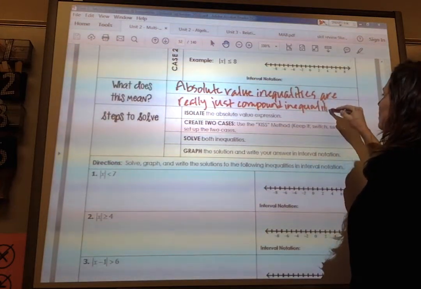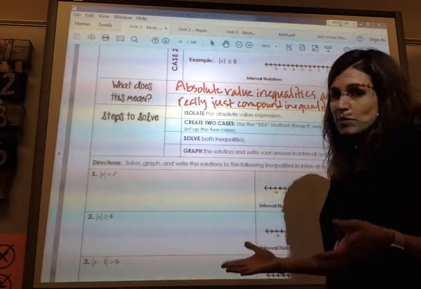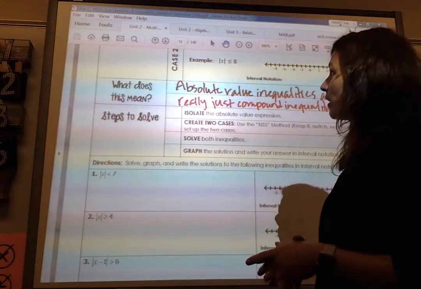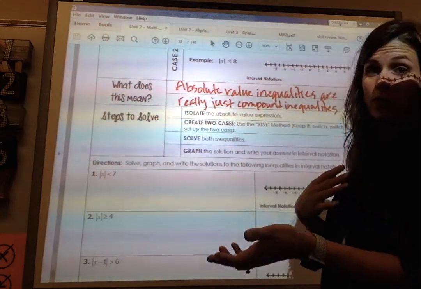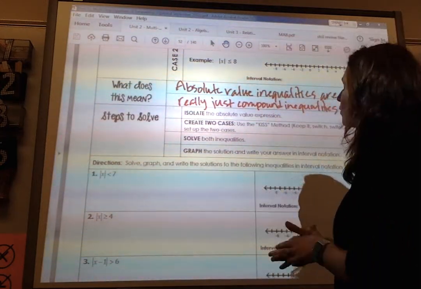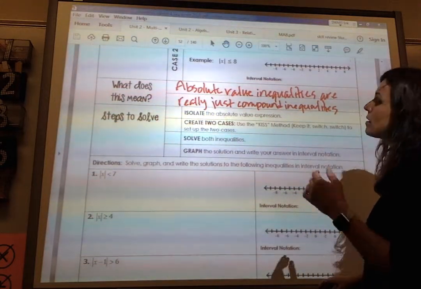That's all that means. So now, any absolute value inequality that we do can either be an and statement or it can be an or statement, but they still are compound inequalities.